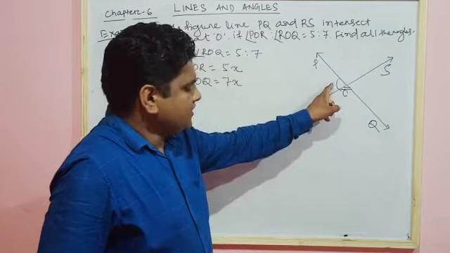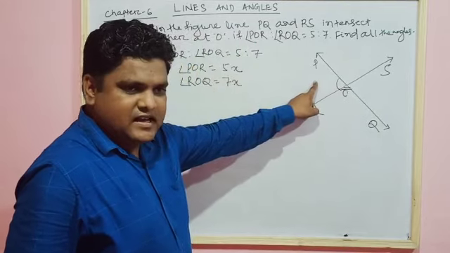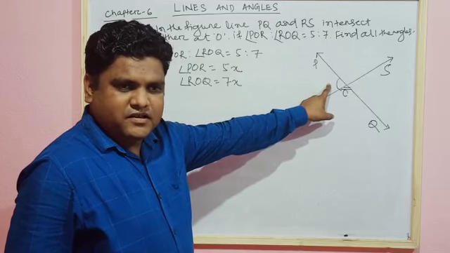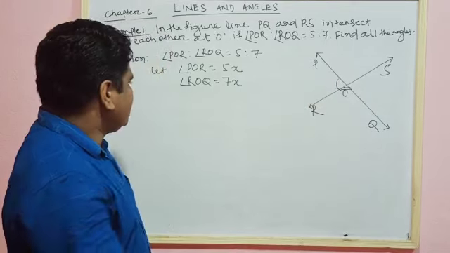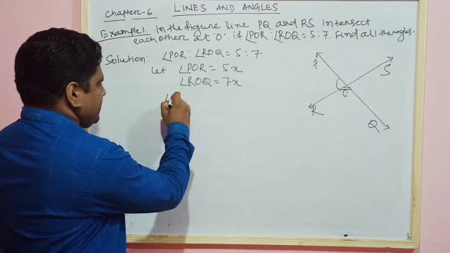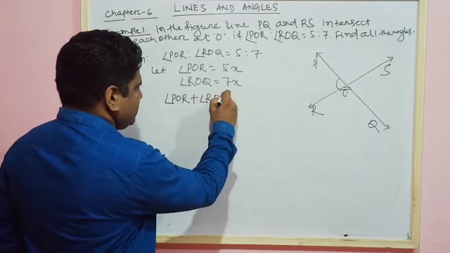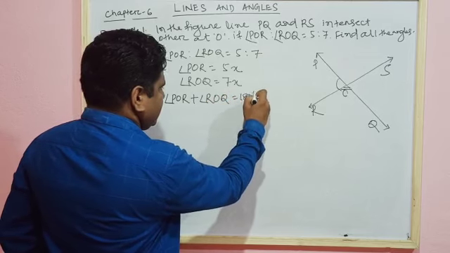The measure of these two angles is 180 degrees, as we know from the concept of a linear pair of angles. So we can write angle POR plus angle ROQ equal to 180 degrees.